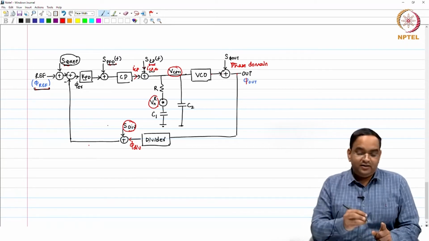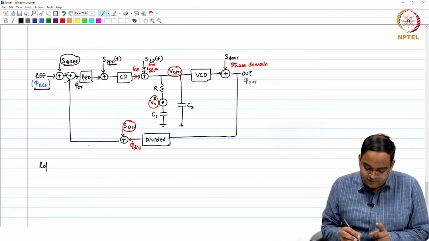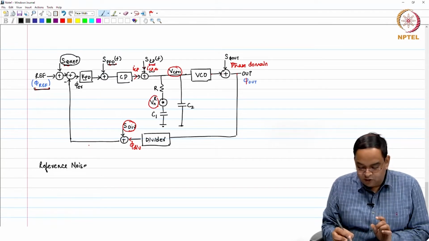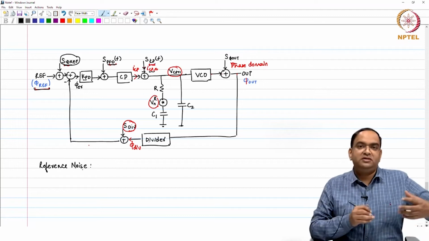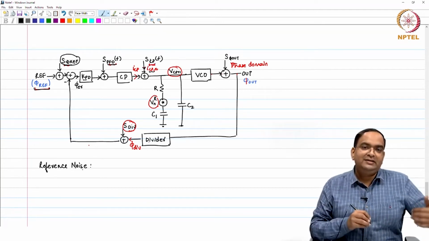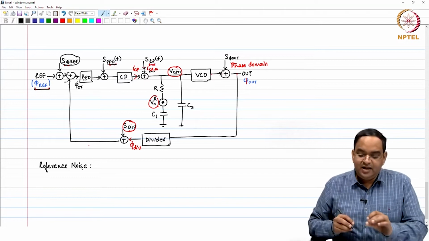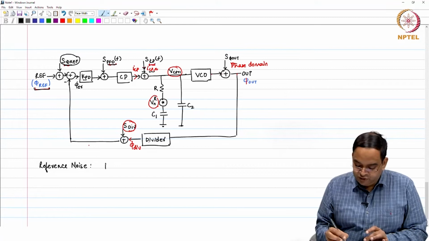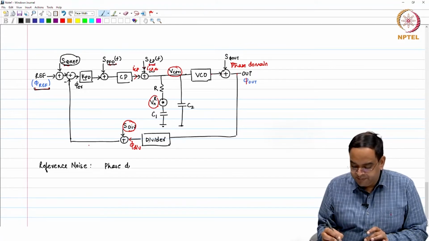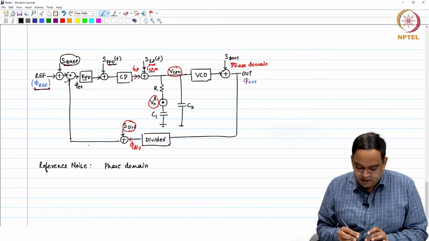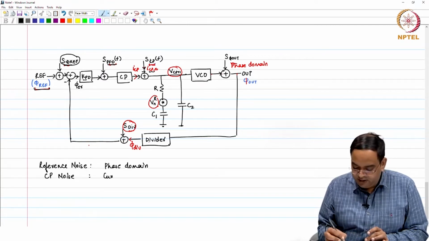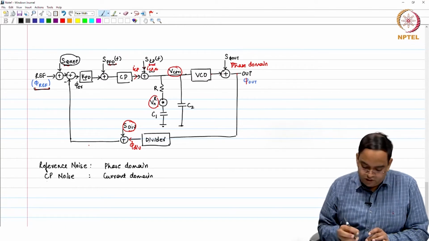So, important part here is that your reference noise, we have to find this also independently, that how much noise the input adds independently, PFD adds independently, and those noise sources we have to add here. So, reference noise is in phase domain, okay. Charge pump noise, that is in current domain, okay.